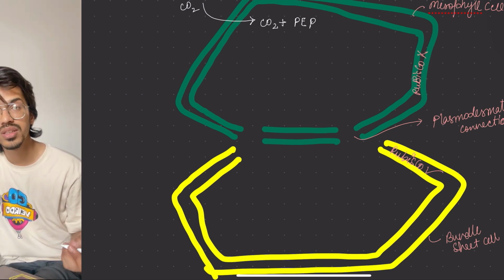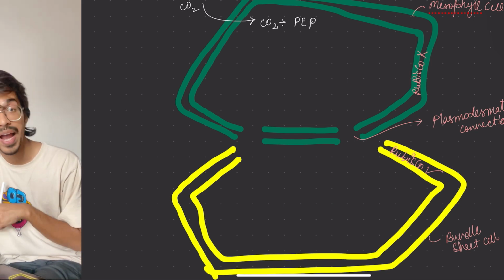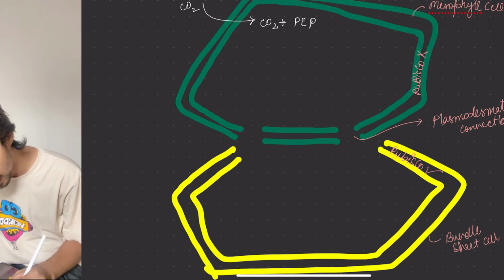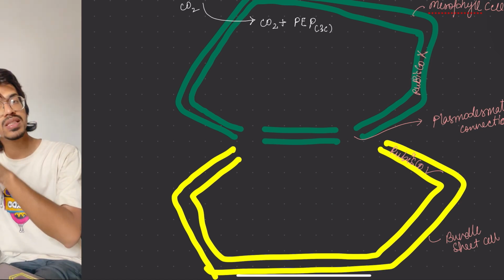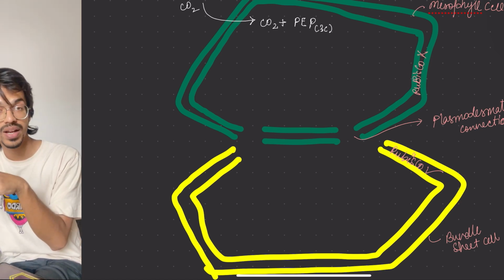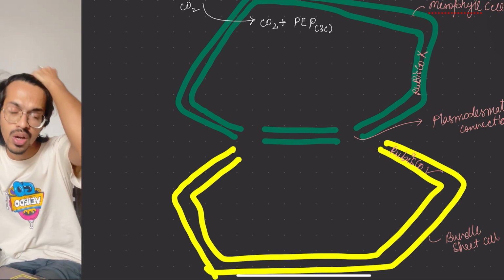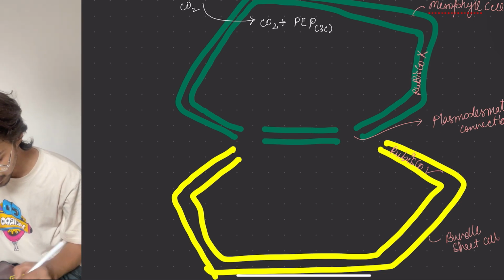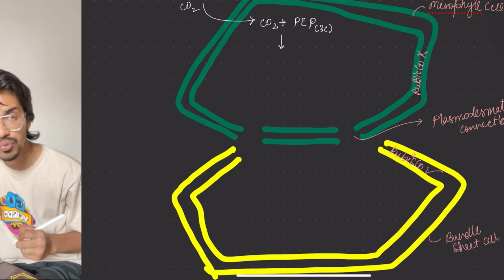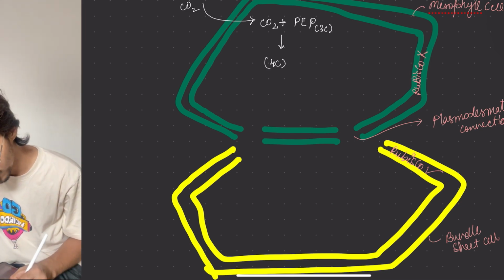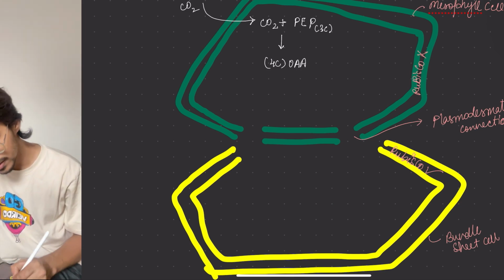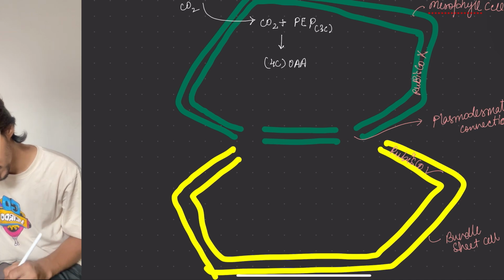It is joining with phosphoenol pyruvate, that is a 3 carbon compound. So 3 plus 1 carbon forms how many carbon compound? 4 carbon compound. And this 4 carbon compound's name is oxaloacetic acid. Okay, this first step is the carbon fixation.